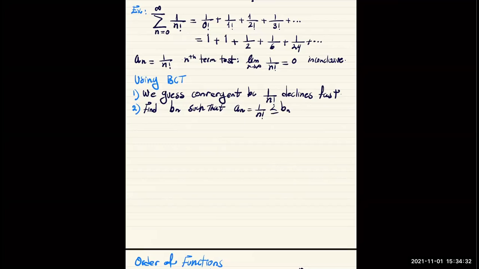Basic comparison says that if we have a sequence b sub n larger than our sequence a sub n, and the sum of b sub n is convergent, then the series of a sub n is also convergent. So when you guess convergent, you have to come up with a sequence such that our sequence is smaller or equal to it. Let's come up with the sequence. This is the harder part.